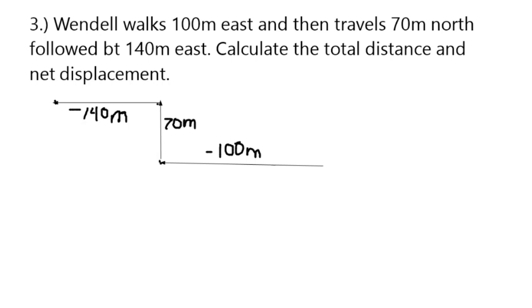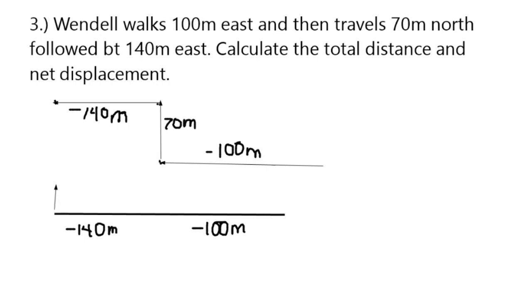So we're going to add the vectors from the x values. This is basically negative 140 plus negative 100 meters. That is what comes out when we add those two.